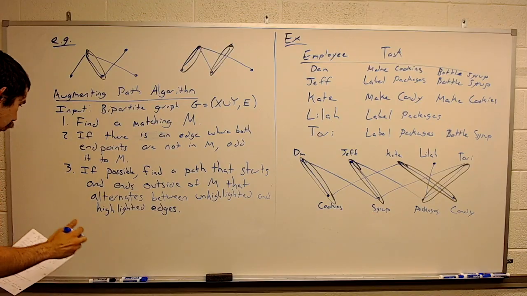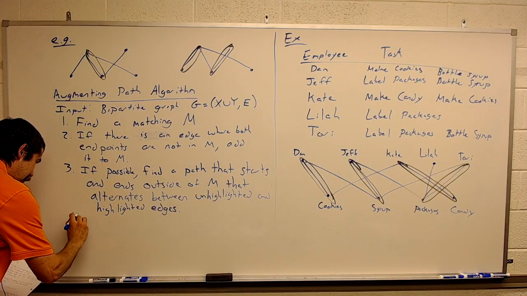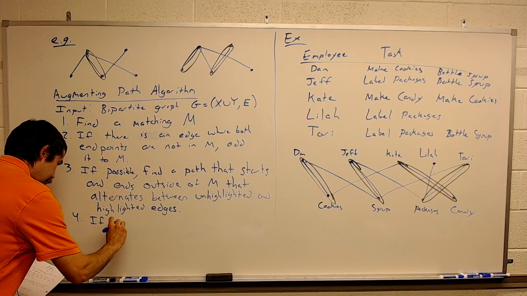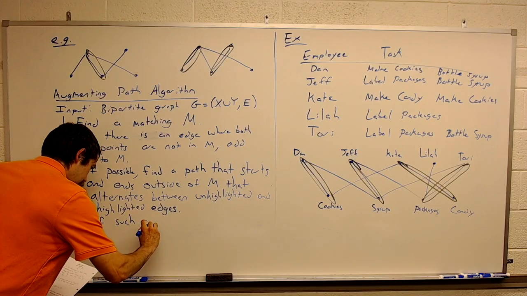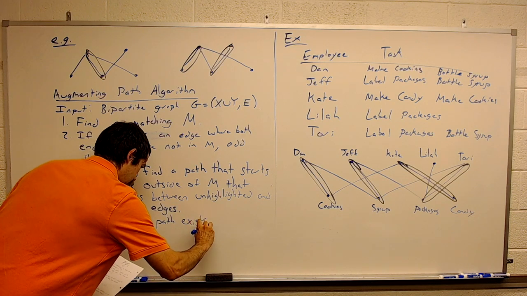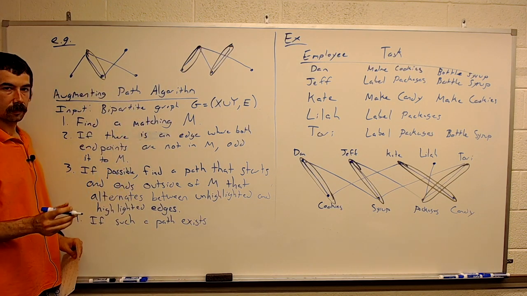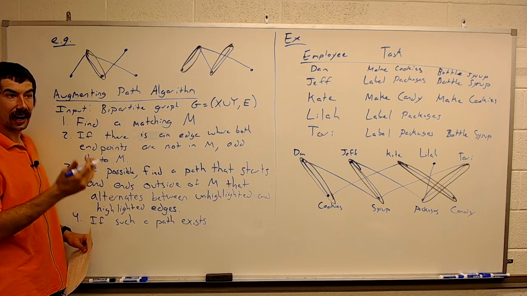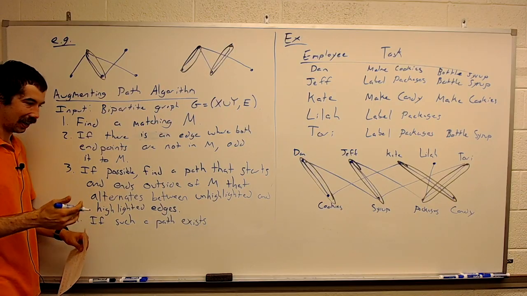So if such a path exists, make the unhighlighted highlighted and the highlighted unhighlighted.